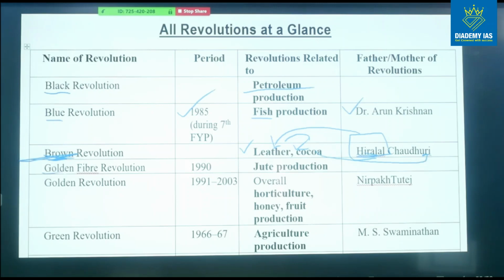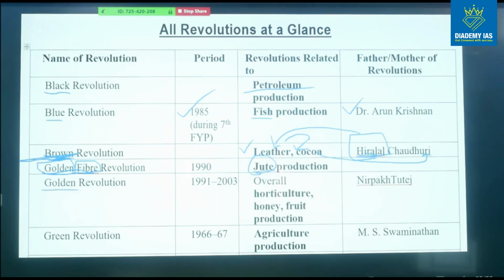Golden fiber revolution. Golden fiber. This is a fiber, and the color is golden. So if you know jute, jute is a fiber and normally the color of the jute resembles the golden, right? Not exactly but somewhat. What is golden revolution?